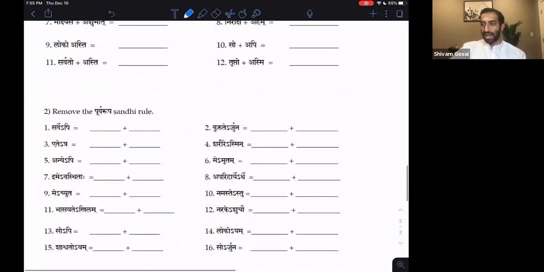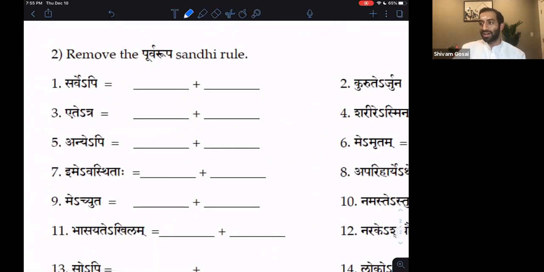This is why the avagraha is useful, because you know where there used to be an akara. Sarve plus api, sarve 'pi.